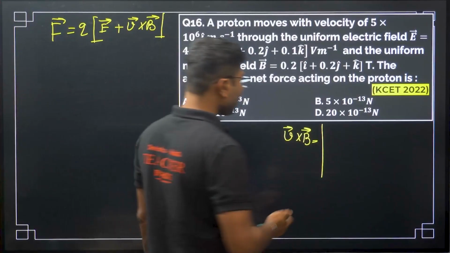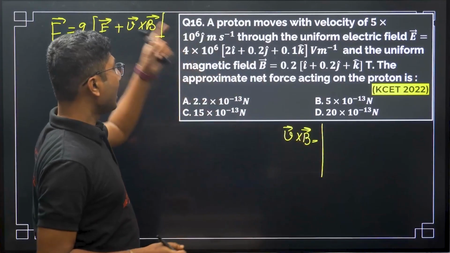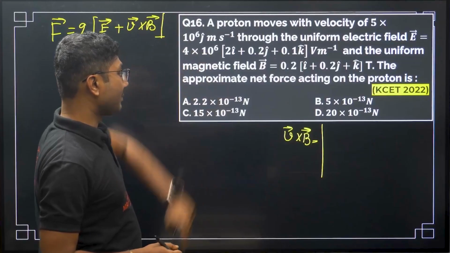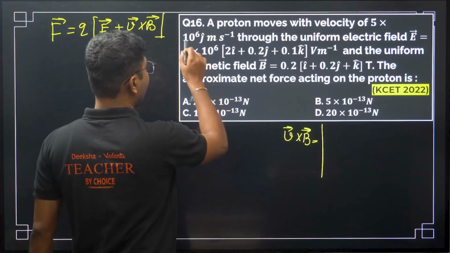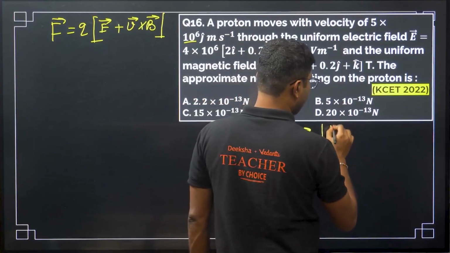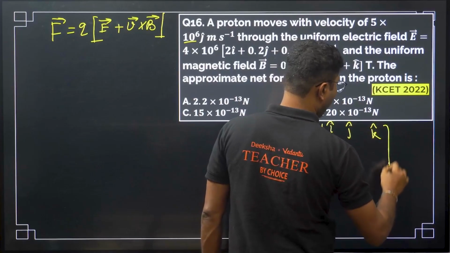Okay, so V cross B, what is V? V is given by 5 into 10 to the power 6 j cap meter per second. Now let us multiply it. So i cap, j cap, k cap.